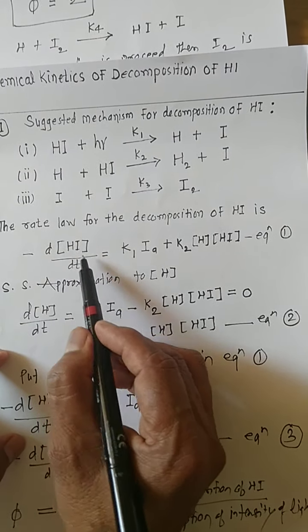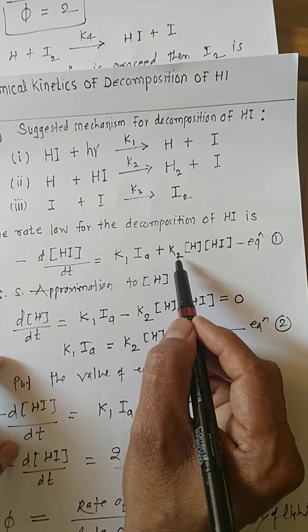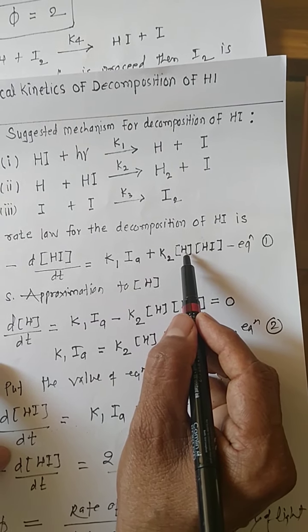See here, the rate of decomposition of HI is equal to K1 IA plus K2 H and concentration of HI.